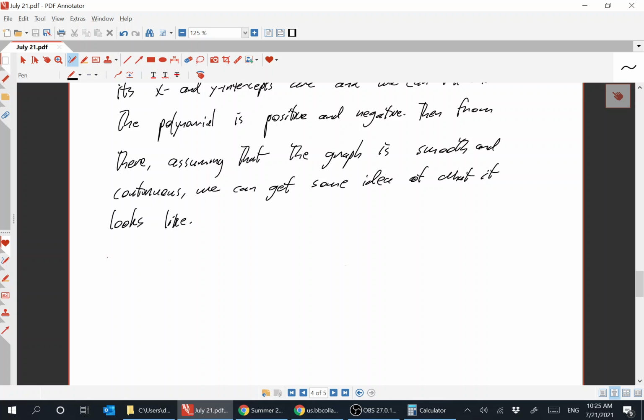So in 22, sketch the graph of y equals x times x plus 1 times x minus 1 and 2 minus x.